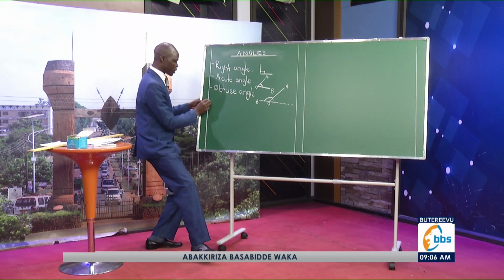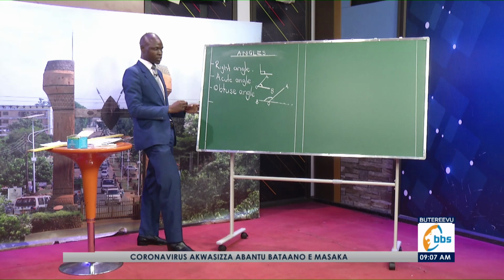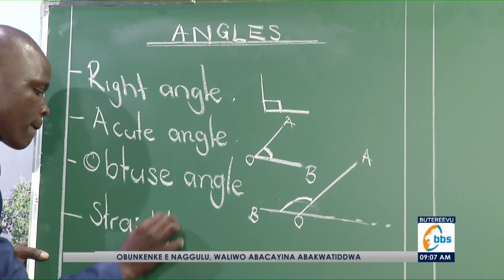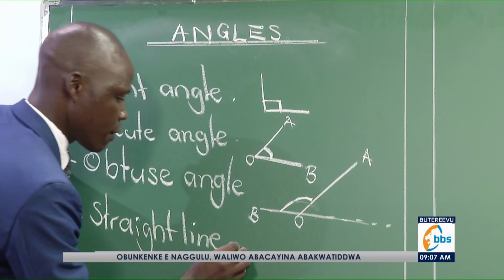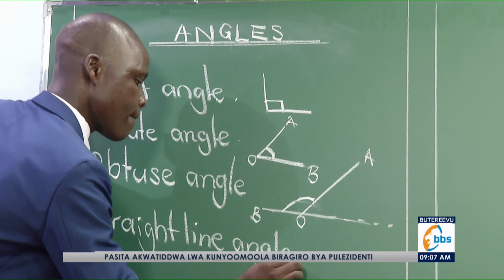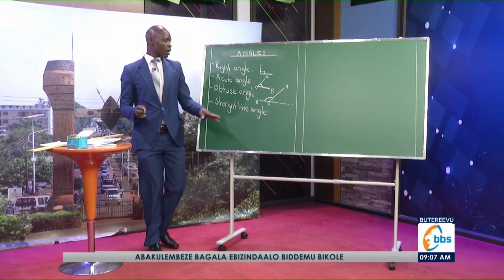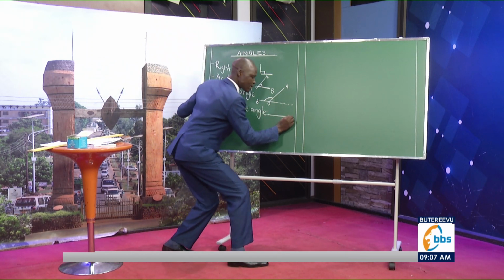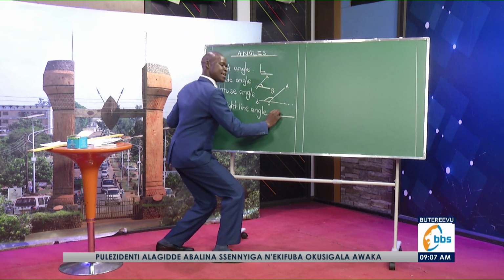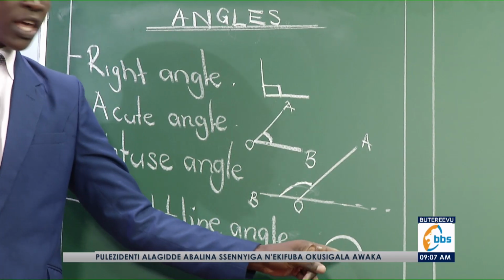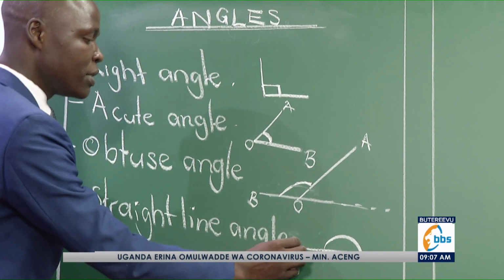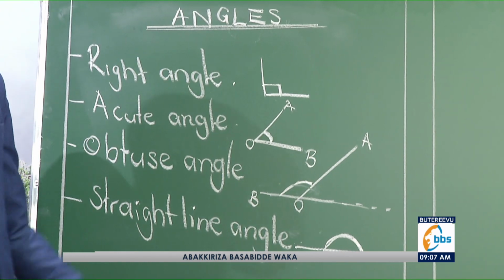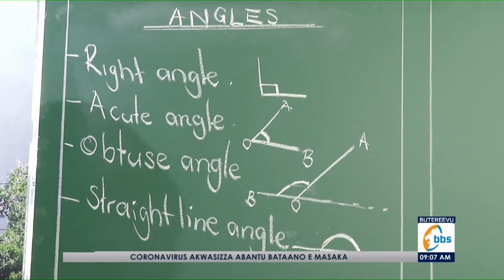Let me first talk about straight line angles before I continue with other types of angles. Angles on a straight line, you realize that that is a straight line. There is an angle formed there. When you turn from this point, this will be 0, and you move up that point. That's what we call straight line angles. They add up to 180 degrees.